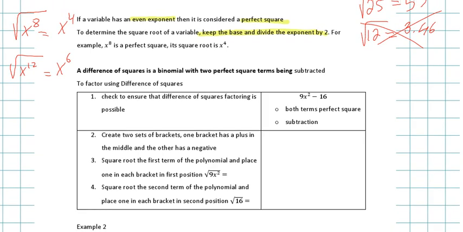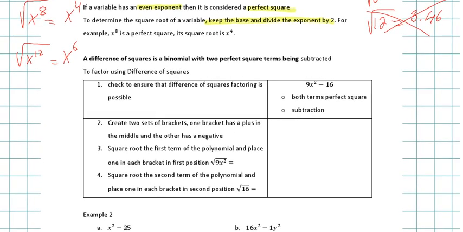Okay? So can you do a square root of x to the power of 5? No, because it's an odd exponent, right? Can you do the square root of x to the power of 10? What would it be?